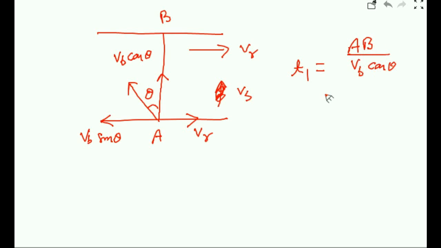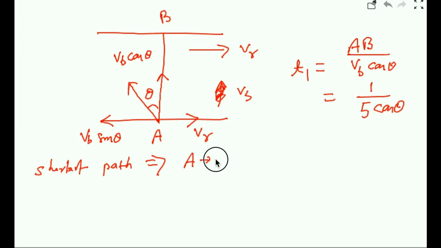We know AB is given as 1, VB is given as 5 cos theta, but we don't know the value of cos theta. But you can see, for the shortest path, the boat should start from point A and reach point B, exactly A to B. So there is no displacement along the river.